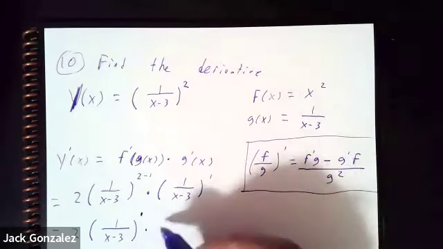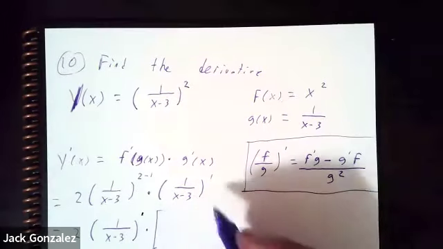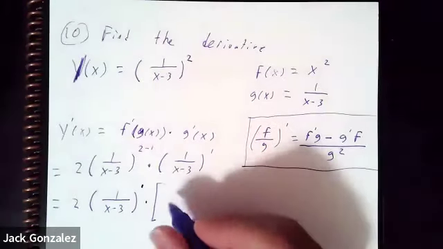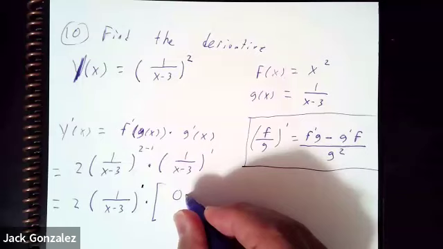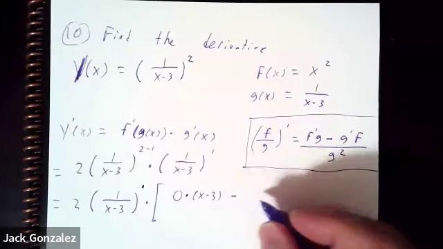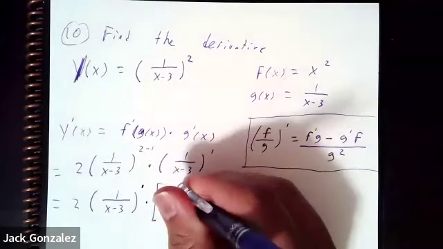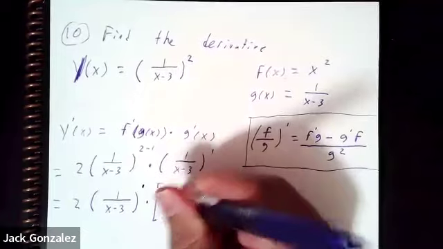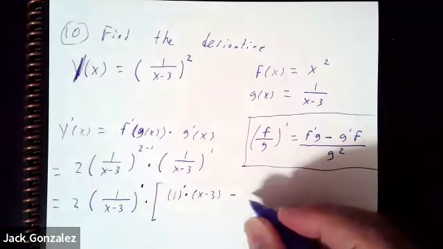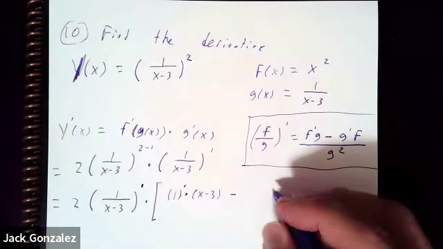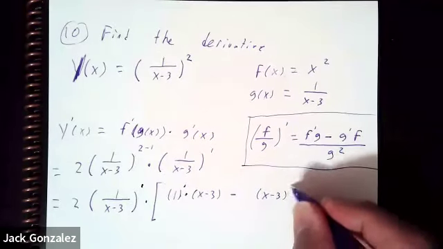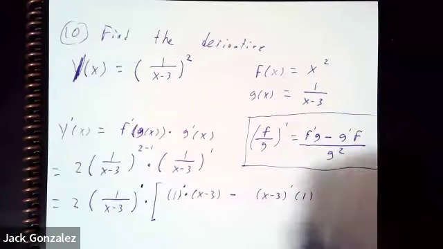Okay. So right here, derivative of the top is going to be a 0, right? So at that point, that part doesn't really matter anymore, but let's go ahead and write it anyway. Bottom is this, minus the derivative of the bottom times the top, which is a 1.